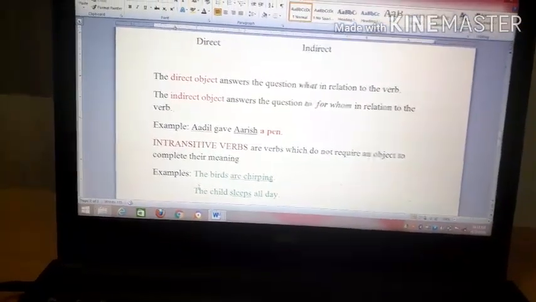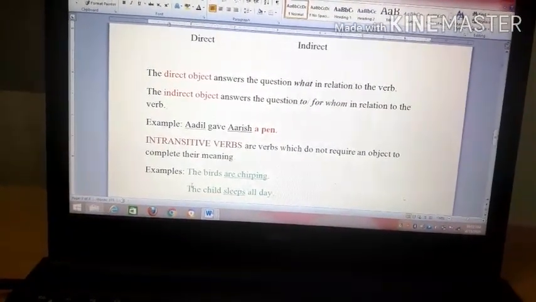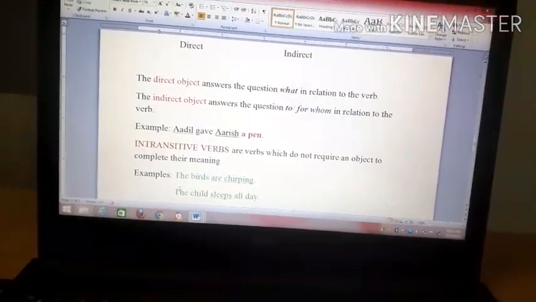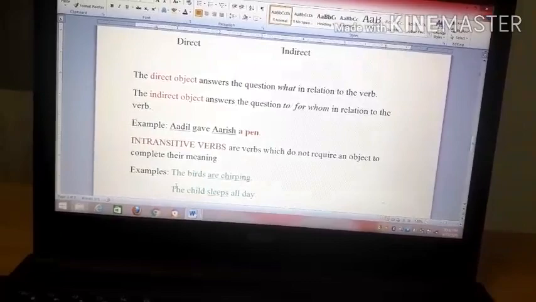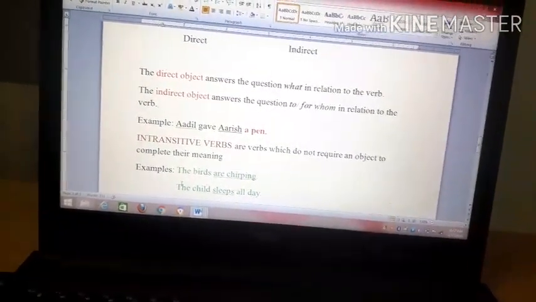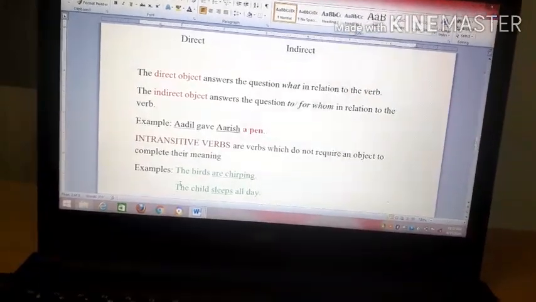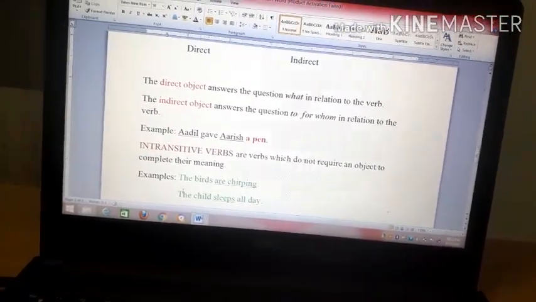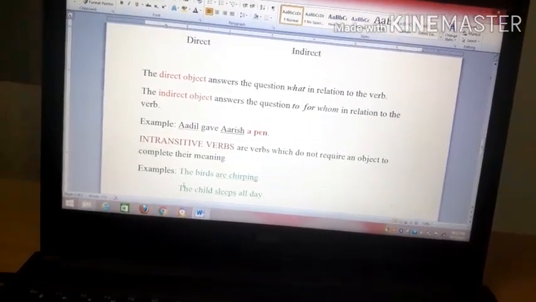Intransitive verbs are those verbs which do not require an object to complete their meaning. As you can see in the examples, the birds are chirping. Is there any object? No. So, it completes the meaning without an object. The child sleeps all day. Sleeps is the verb here.